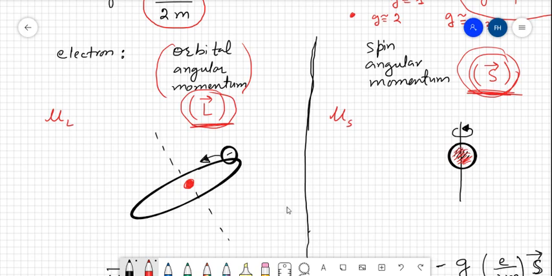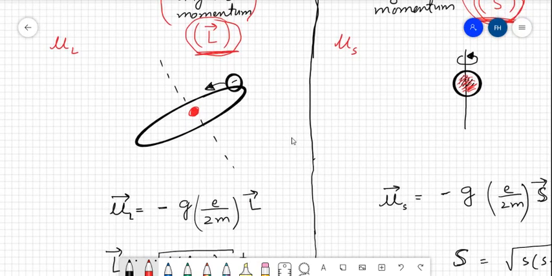We'll use the relationship. So mu L will be equal to minus g e by 2m L, with the minus because the charge of the electron is negative, where g is the g factor, e by 2m is the gyromagnetic ratio, and L is the orbital angular momentum.